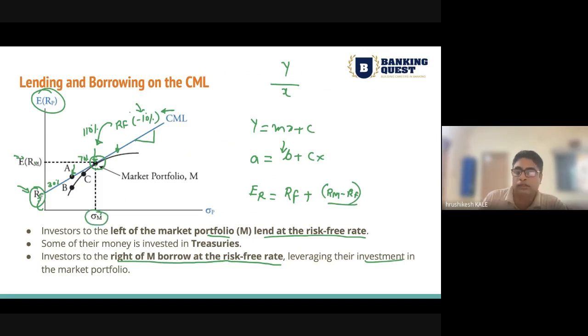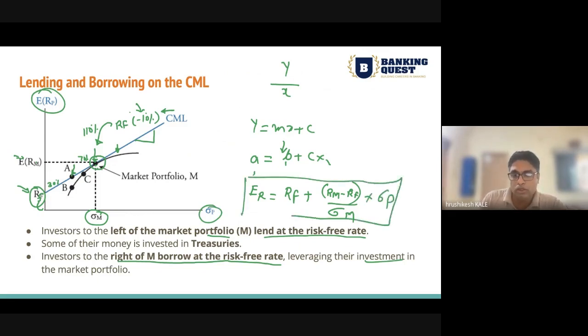X is the standard deviation of the market. You're getting my point? Now, so A, what is X? X stands for the standard deviation of the portfolio. Now, this is an equation to calculate the expected return of the portfolio.